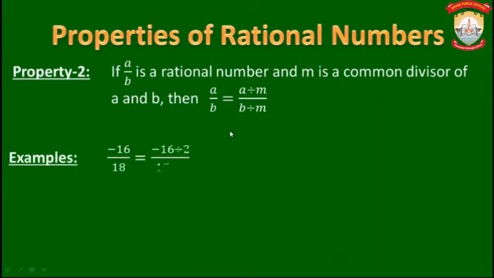For example, in -16/18, the common divisor of -16 and 18 is 2. Thus, if we divide -16 and 18 both by 2, we will get -8/9, which is also equivalent to -16/18.